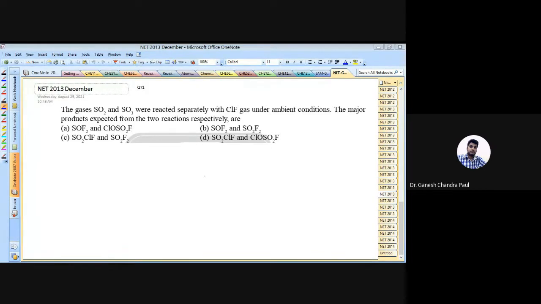The question is basically asking that the gases like sulfur dioxide and sulfur trioxide were reacted separately with chlorine monofluoride. As you know, chlorine monofluoride can act as an interhalogen compound, right?